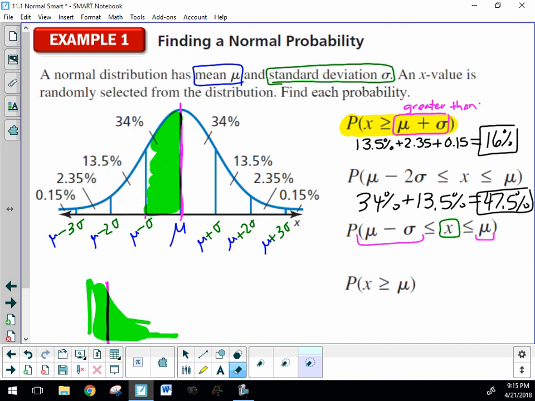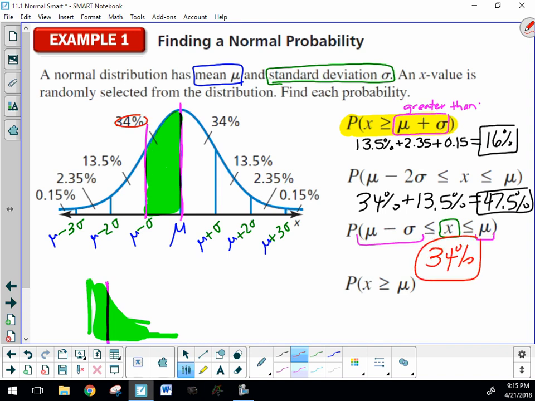So we're talking about this section only. Well, that section is exactly 34%. And it's just that one section, so we don't have to add anything.